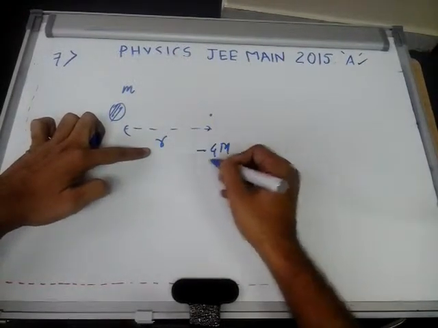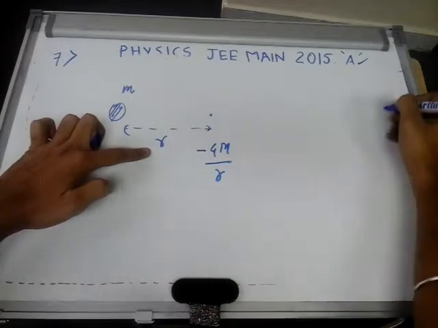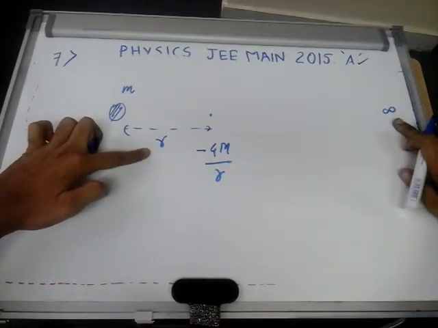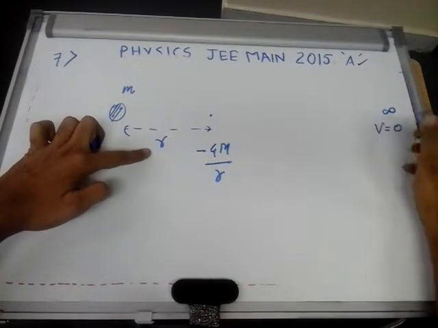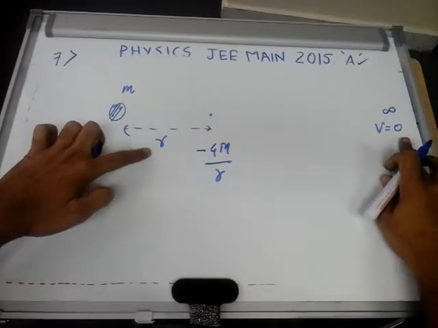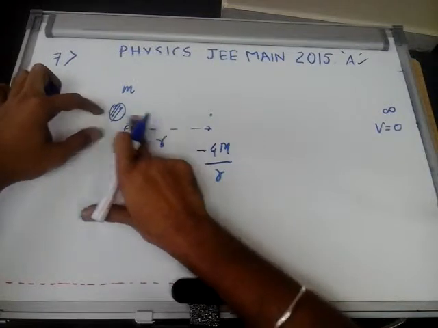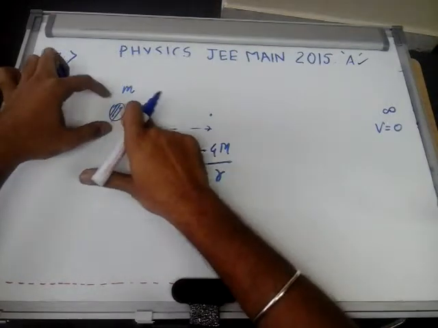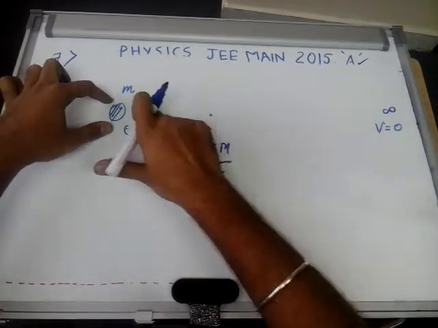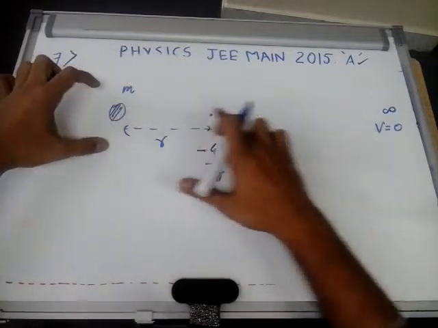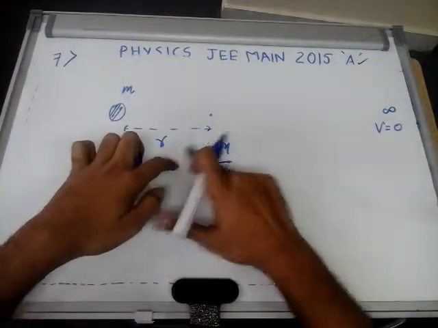Minus Gm by r. And what is gravitational potential at infinite distance? 0. This is by convention. So as I am moving away from this mass object, gravitational potential is increasing from negative value to 0.